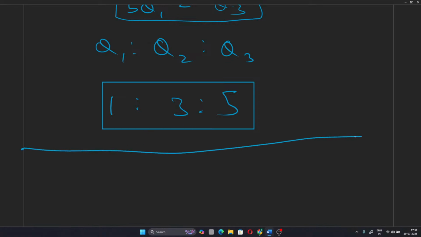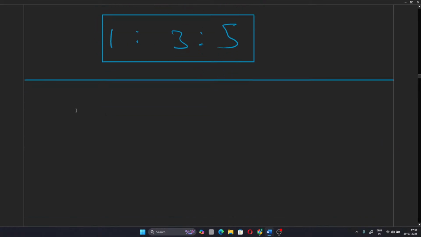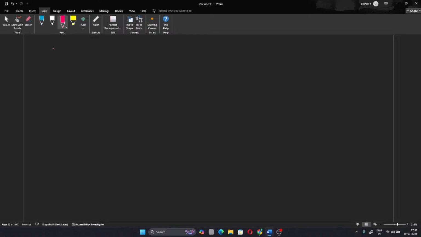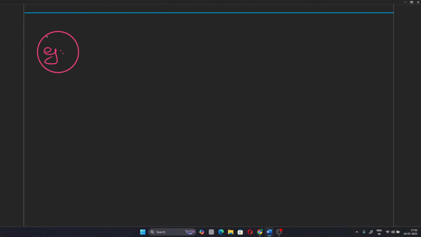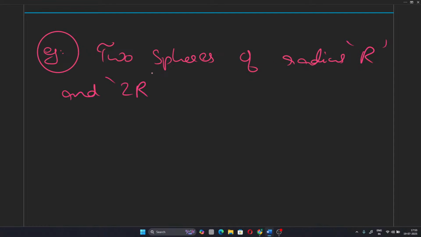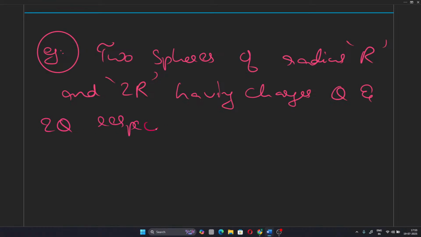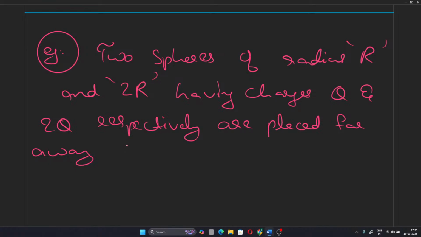Now let's go to the next question. Two spheres of radius r and 2r having charges q and 2q respectively are placed far away from each other.